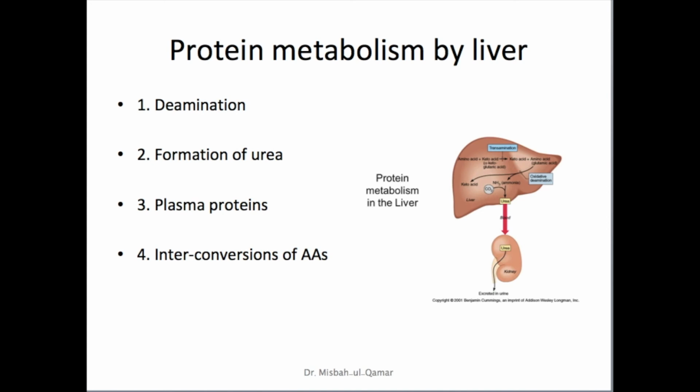Now, the actions include deamination of the amino acids, formation of urea for the removal of ammonia, formation of all the plasma proteins except the gamma globulins, and finally the interconversion of various amino acids and the synthesis of other compounds from amino acids.